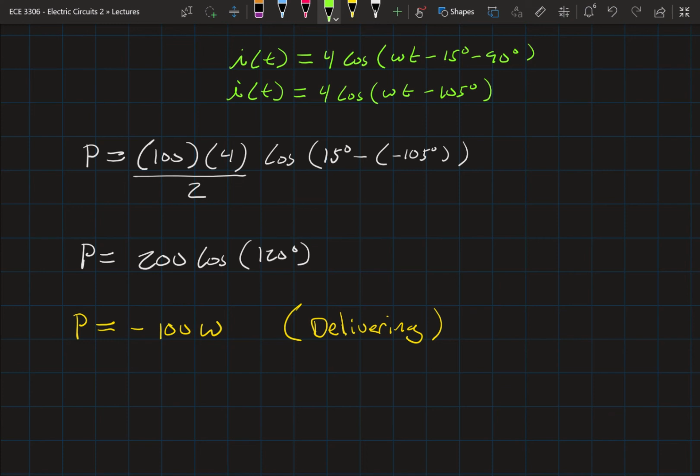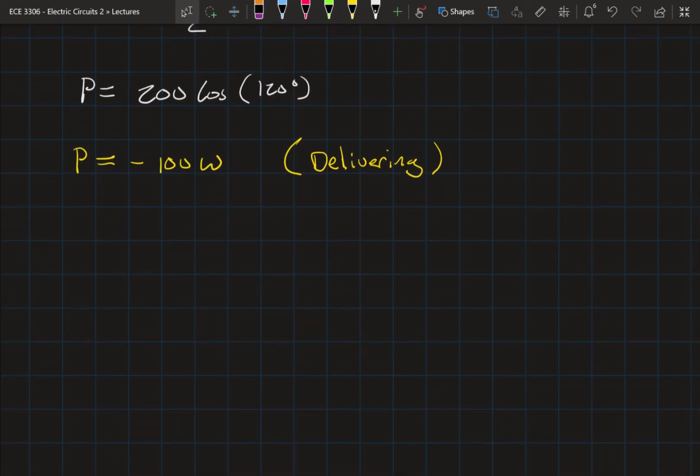Same deal for our reactive power. Q, remember, is equal to V RMS times I RMS times the sine of theta V minus theta I. Oh, I messed that up, it's not cosine.